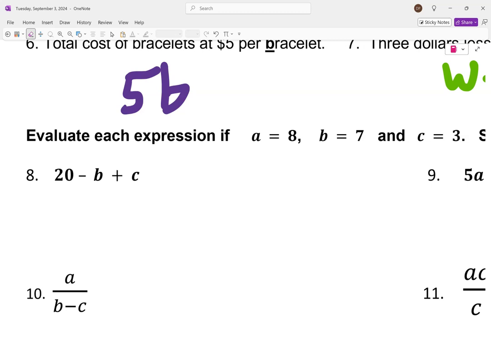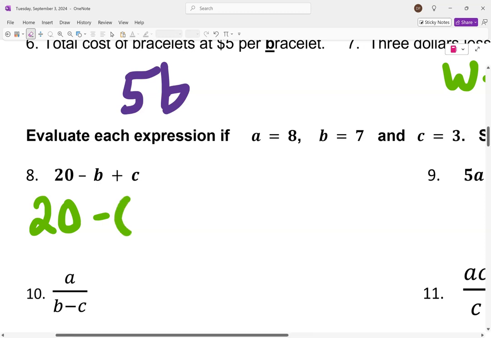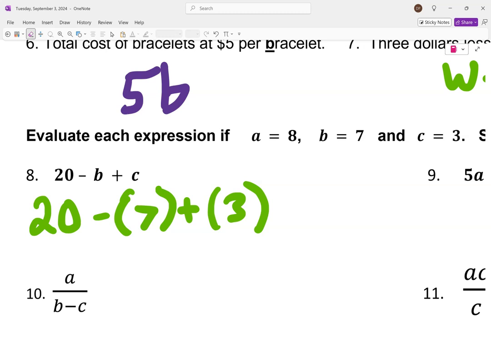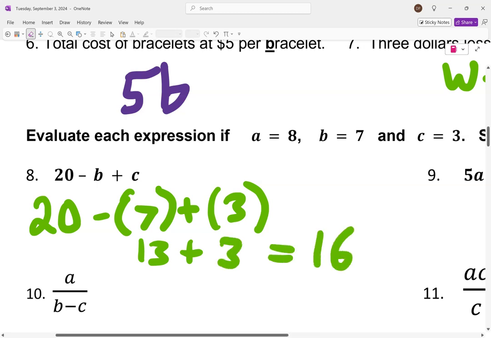So tell me what to write, please. 20 minus parentheses 7 plus parentheses 3. Good. So now 20 minus 7, we're going to do subtraction first. So we get 13. 13 plus 3 makes 16. Cool. Alright, are you done?